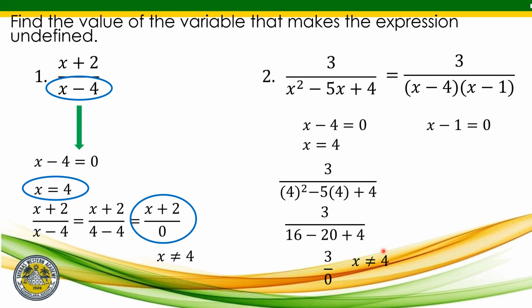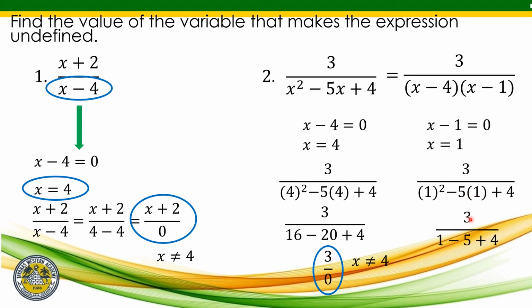Okay, ito yun. Next, dito naman tayo sa x minus 1 is equal to 0. So x is equal to negative 1, ilipat natin sa kabilang side. It is equal to positive 1. Then, i-check natin kung magiging 0 ang denominator kapag 1 ang value ng x. So 3 over 1 squared minus 5 times the value of x, which is 1, plus 4. So 1 squared is 1, negative 5 times 1 is negative 5, plus 4. Then simplify.